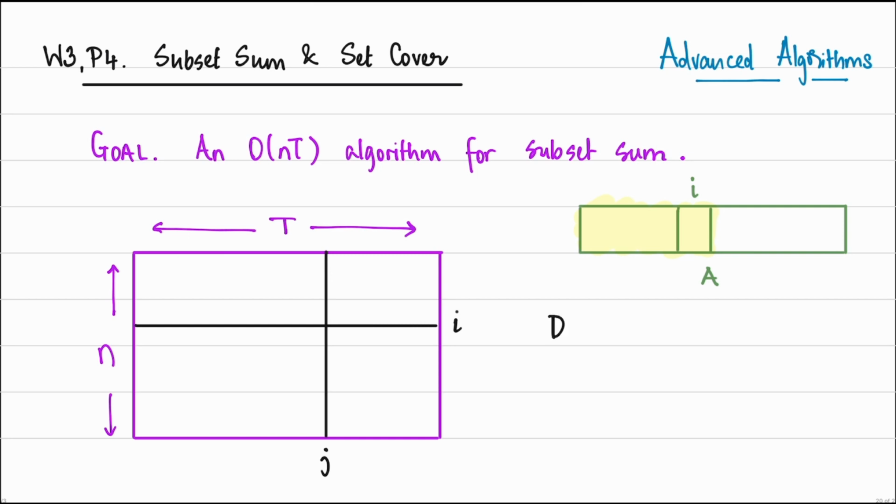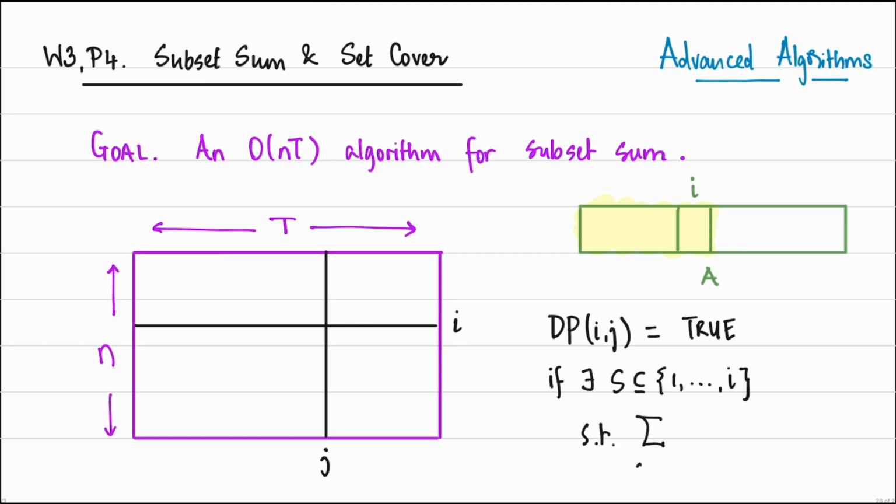So DP of i comma j is, let's just say, true if there exists a subset of 1 to i such that if I just summed over the subset, okay, I think it was a bad idea to use j as the running index, so let me change that to k.